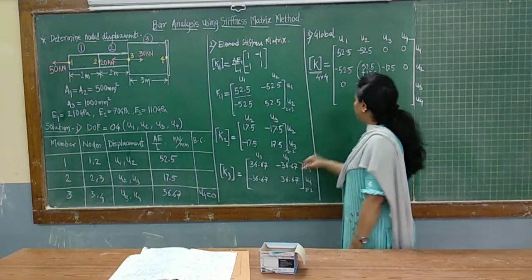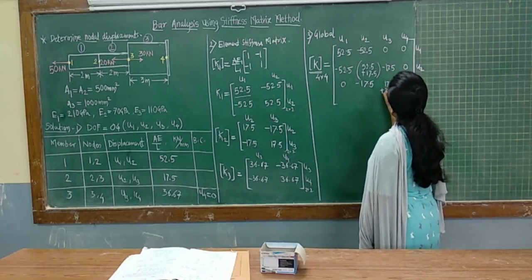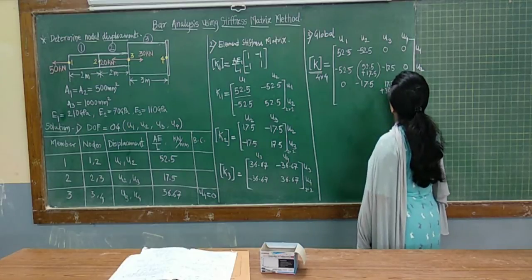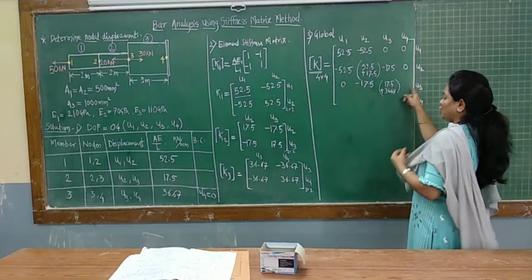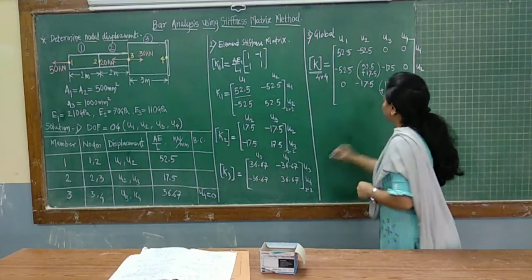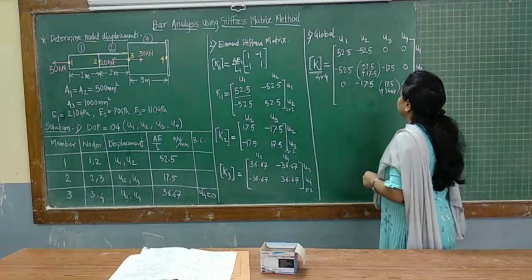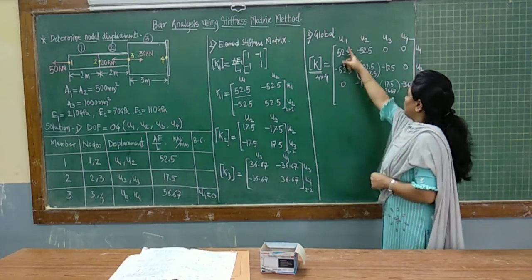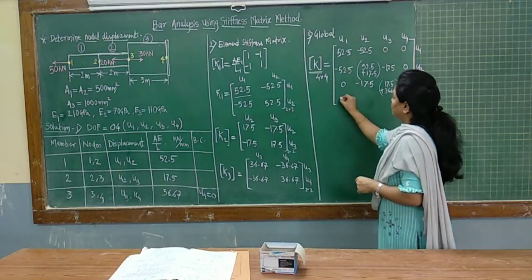So these two will be added algebraically, 17.5 plus 36.67. And last, this U4, U3, that is minus 36.67.